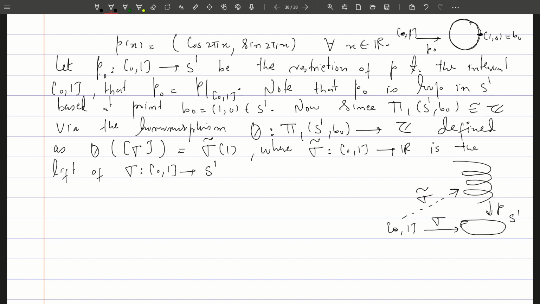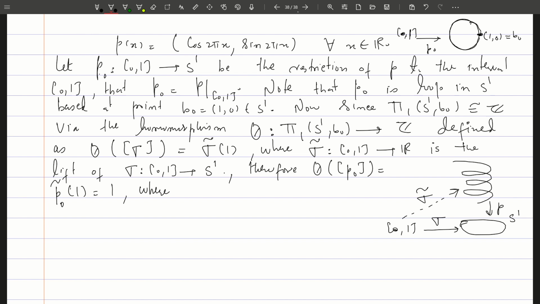So that means theta maps the homotopy class of P naught to the endpoint of its lift. Therefore theta of the homotopy class of P naught is just the endpoint of its lift. Let us call that P naught tilde. So that will be P naught tilde of 1, which is 1.